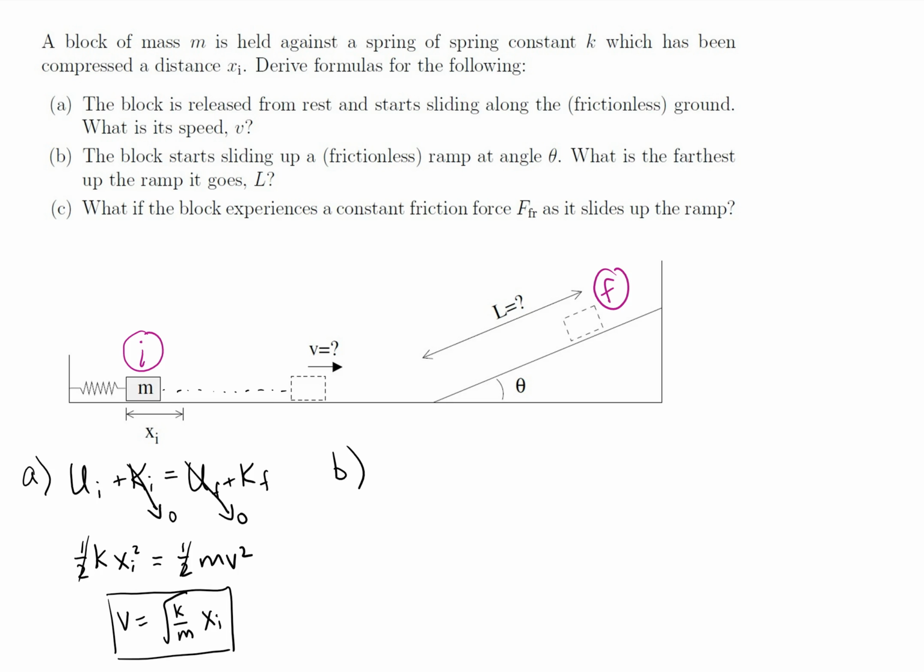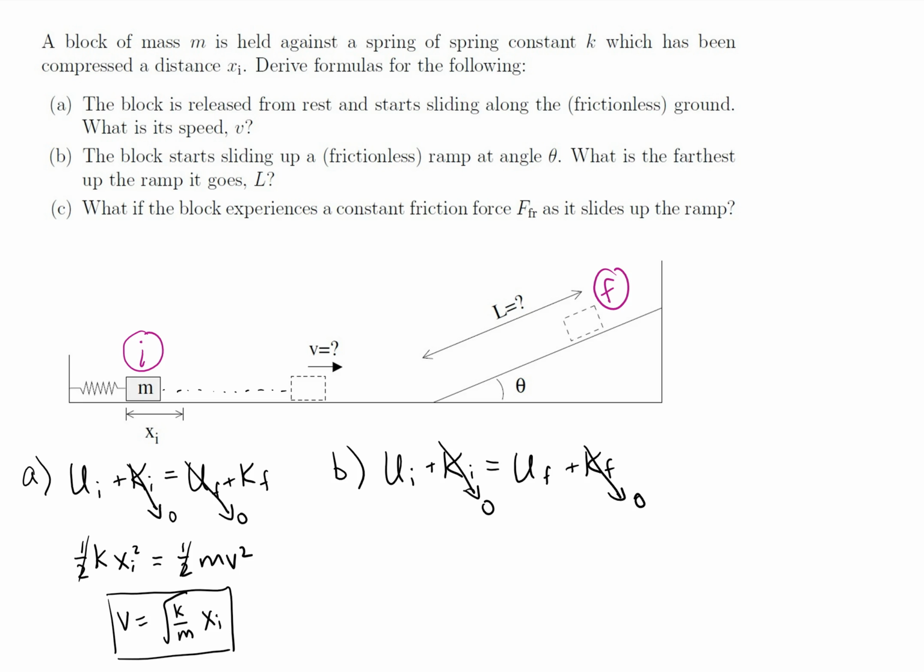So again, we have conservation of energy, so we have some initial potential energy plus initial kinetic energy has to equal final potential energy plus final kinetic energy. And again, we said we start out at rest, and we're also interested in how far up the ramp the block goes until it loses all of its speed.